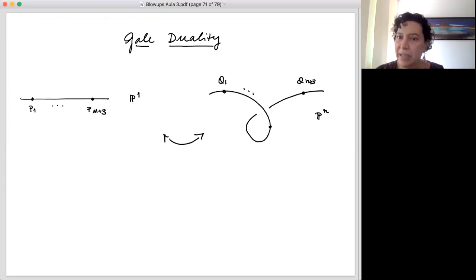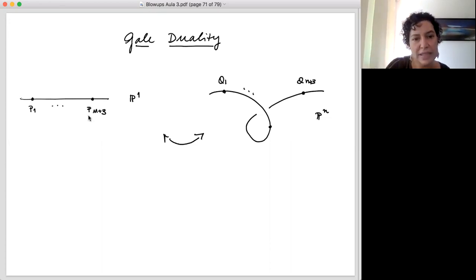And conversely, if you give me any set of linearly independent n+3 points in Pn, I can have a unique rational normal curve through these n+3 points, and then I can consider this set of P1 up to Pn+3 points on this abstract P1.